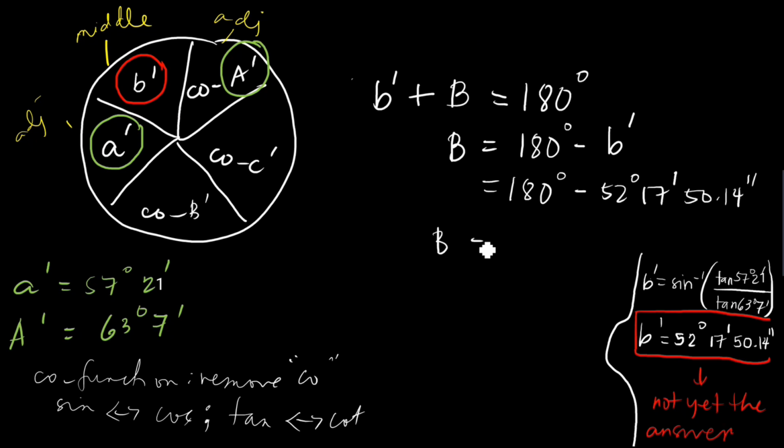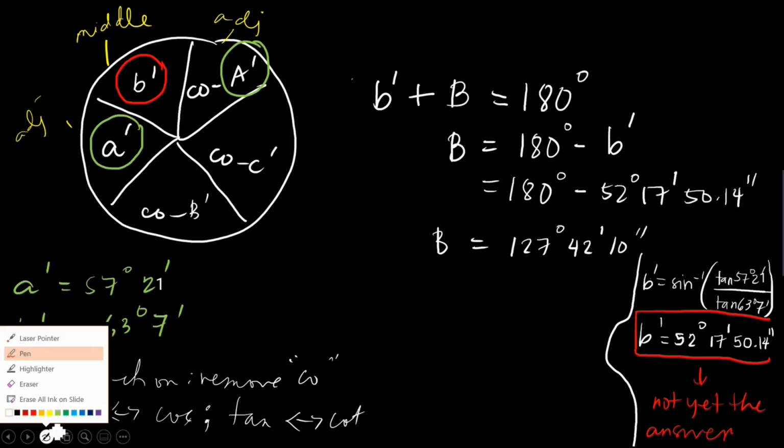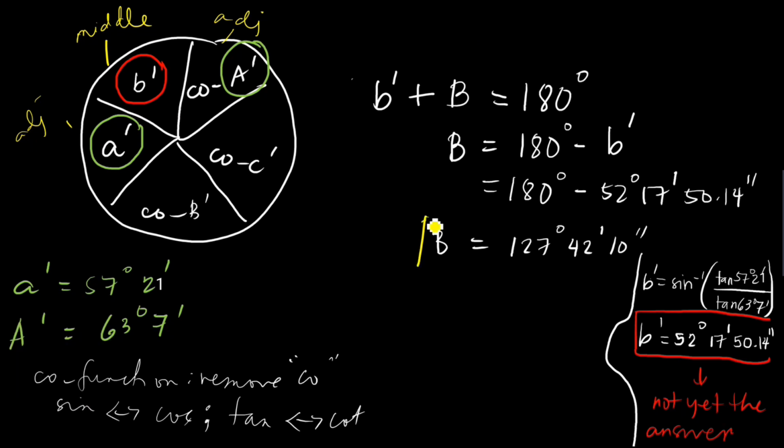Then you input this in your calculator again. So that is 180 minus the measurement of B prime. So the answer is 127 degrees, 42 minutes, and 10 seconds. Okay? Therefore, we already have an answer for the angle B of the quadrantal triangle.